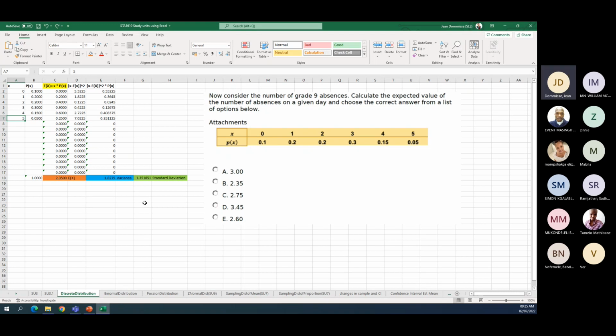Okay, does this seem like something that can work for you guys? I'll do Binomial and Poisson as well now, so I'm hoping this is something that can really make it easier for you.